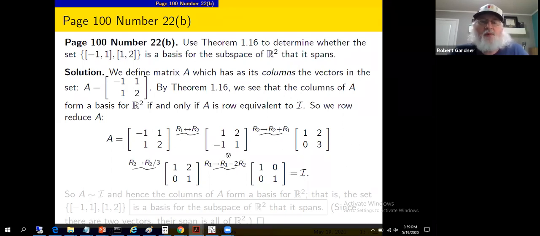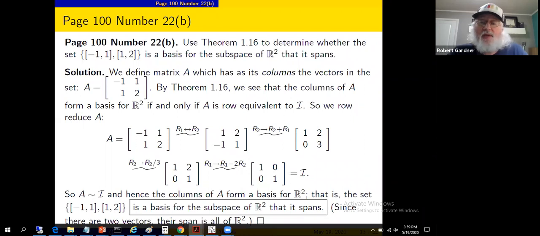So we do our row reduction and find out that indeed A is row equivalent to the identity. Well then Theorem 16 says you've got yourself a basis for the subspace of R2 that it spans. There are two vectors, so they must span all of R2.